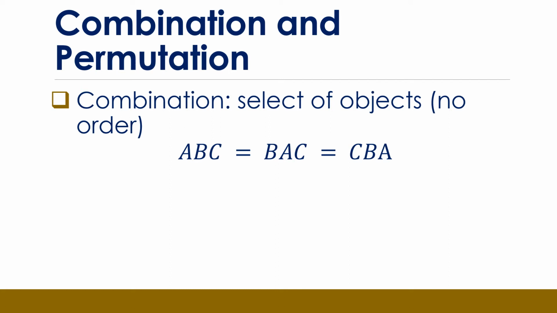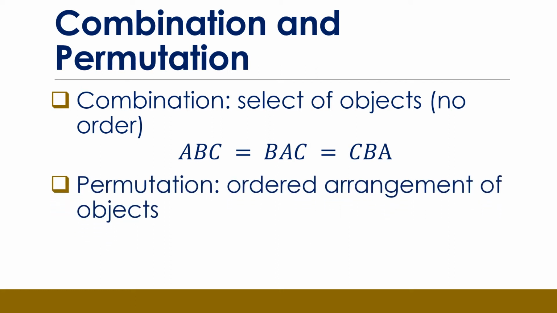But for permutation, which is the ordered arrangement of objects, order is important. Suppose ABC represents a combination lock. Then BAC would not open the lock.